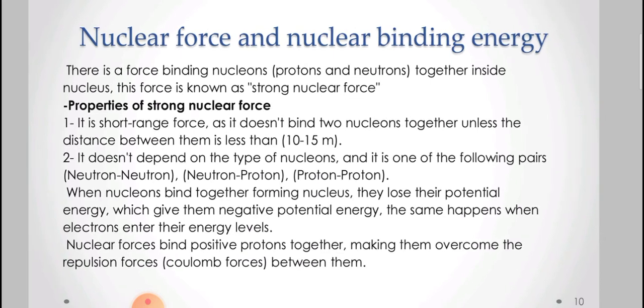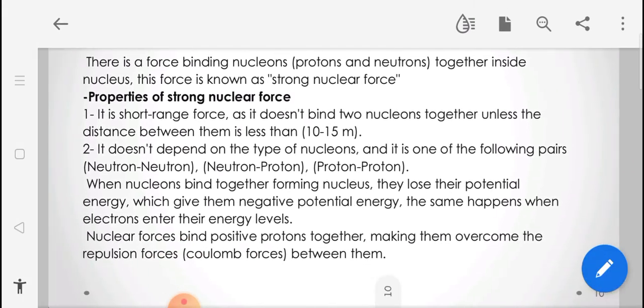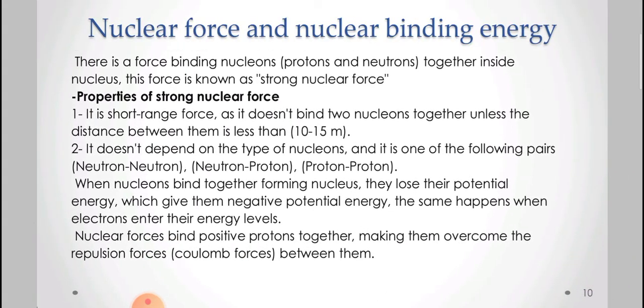Properties of the strong nuclear force: Number 1, it's a short range force, as it doesn't bind nucleons together unless the distance between them is less than 10 to the power negative 15. Number 2, it doesn't depend on the type of nucleons, and it acts between any of the following pairs: proton and proton, neutron and neutron, or neutron and proton.